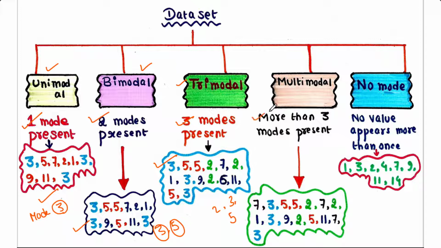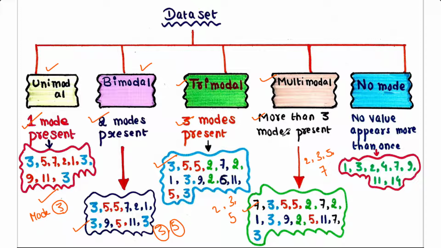When more than three modes are present in a data set, the set is called multimodal. For example, we have this data set. Here, 2, 3, 5 and 7 are the modes of the data set since 2, 3, 5 and 7 are repeated 3 times in the data set.